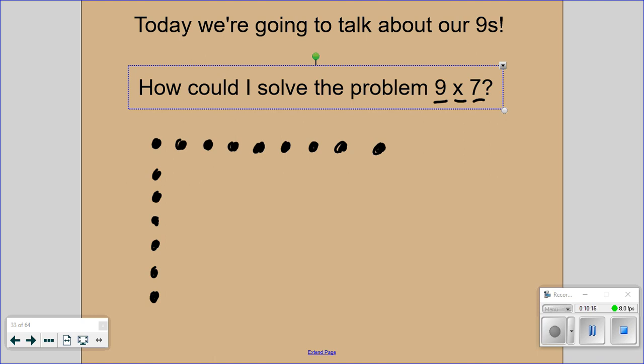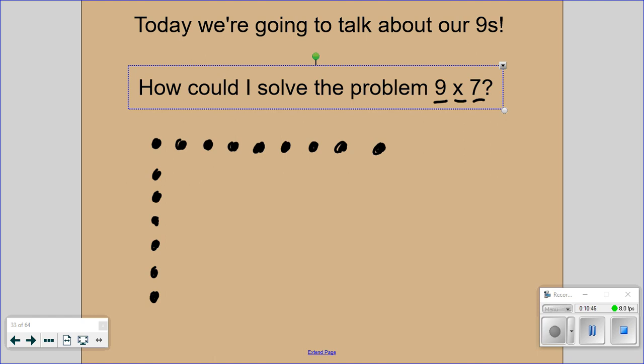Lincoln, what could I do? Okay, I can skip count by 9 or by 7. What if I'm not good at those, though? Skip count by what? Okay, sure. Tell me. Doesn't quite work that way because remember these are groups.